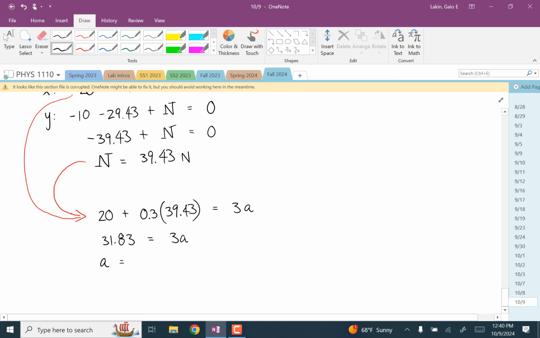And so A is equal to positive 10.61 meters per second squared.